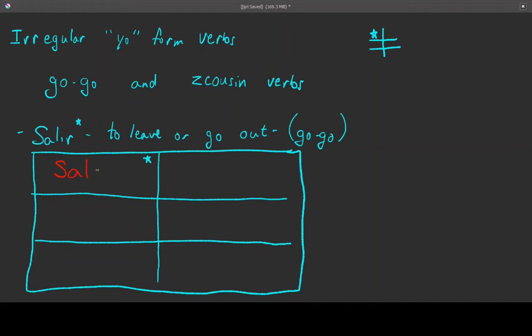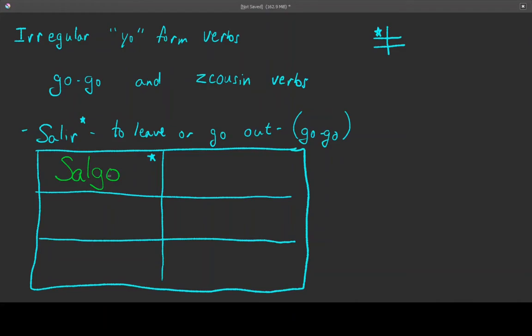So regular conjugation says to take off the IR ending and just put an O in its place. All right, so salo is not the correct form in the yo form of the verb salir. Because it's a go-go verb, it's going to take an irregularity in the yo form. And so what it's going to look like is salgo with a G-O. All right, that is why I call it a go-go verb. It gets a go in the yo.